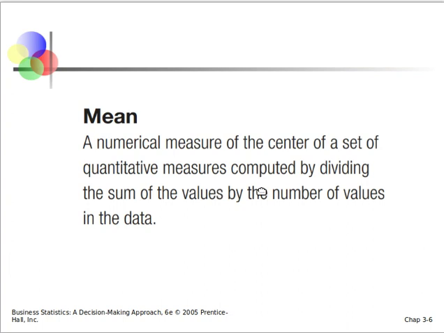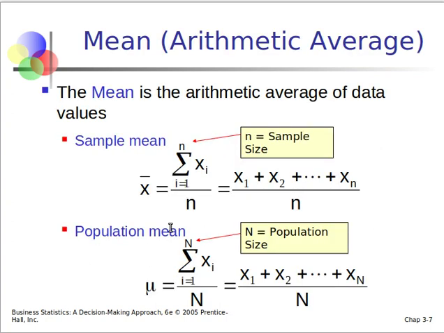Meaning, you sum the values of the data, you add them together, and then you divide by how many numbers there are, how many numbers you added in the first place. This is actually, as mentioned, the arithmetic mean. The mean is the arithmetic average of data values.